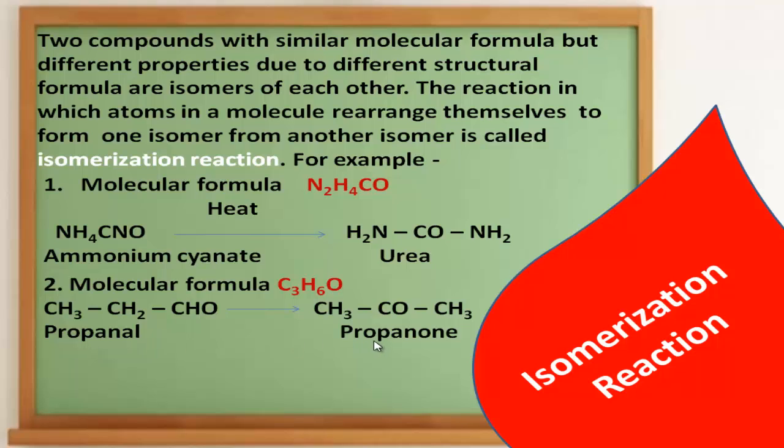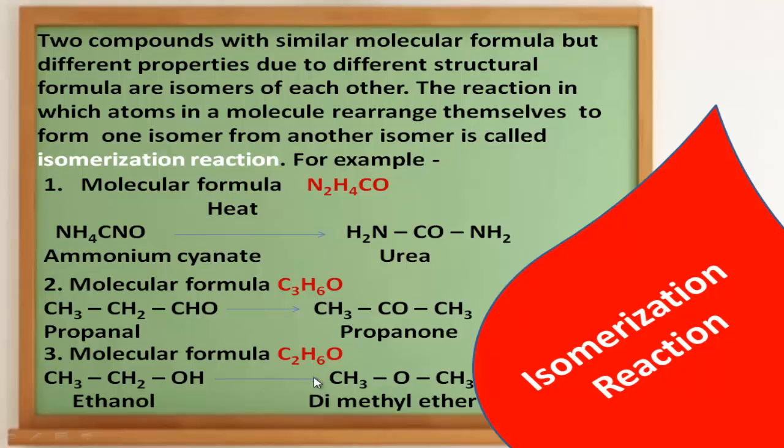These are actually organic compounds. You will read about this in the 11th chapter. So these two, propanol and propanone, are isomers of each other, and the reaction through which propanol is transformed into propanone or propanone into propanol is called isomerization reaction.